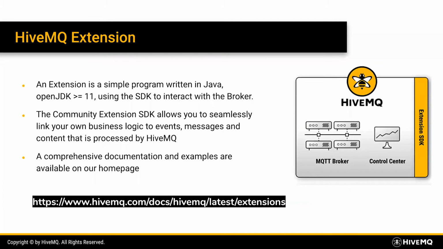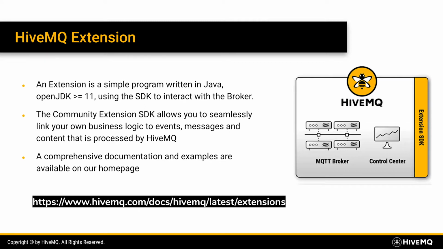So a HiveMQ extension, what is this? Simply spoken, this is a Java program that is using Java 11 and that uses our HiveMQ SDK to interact with the broker. Therefore, we have implemented a community extension SDK that allows you to seamlessly link your own business logic to events, to messages, and content that is processed by HiveMQ.